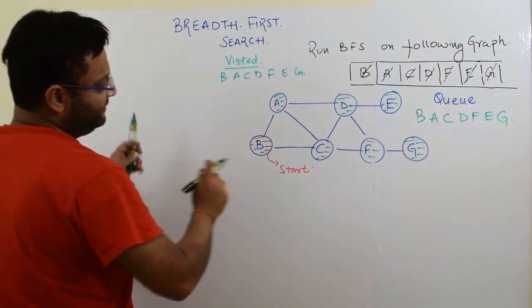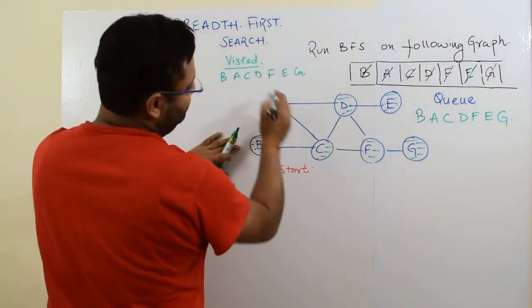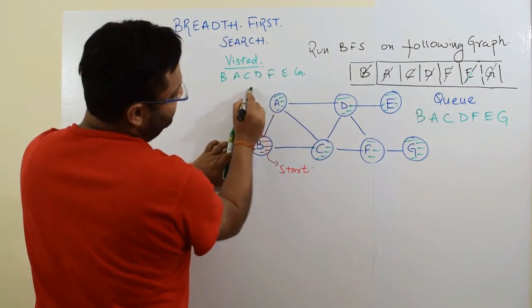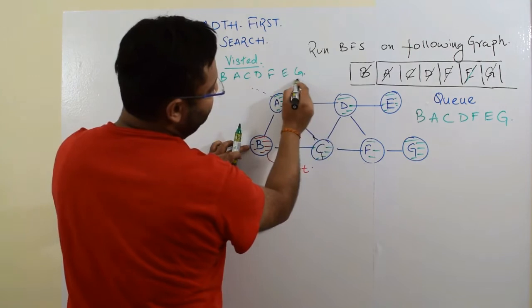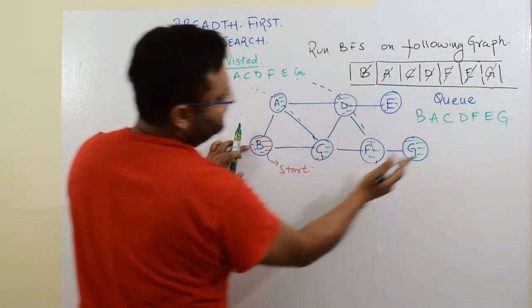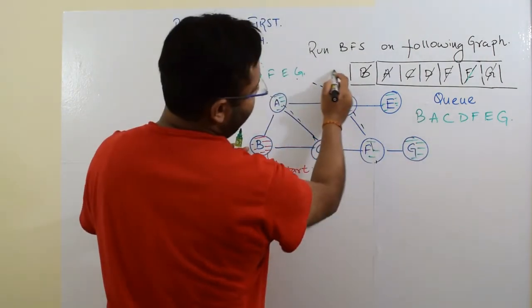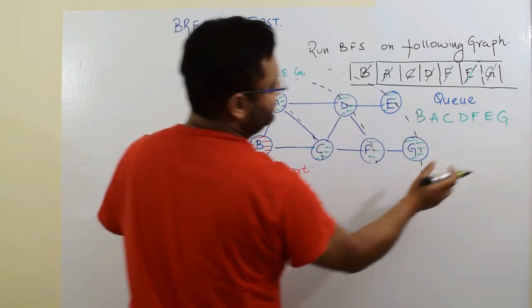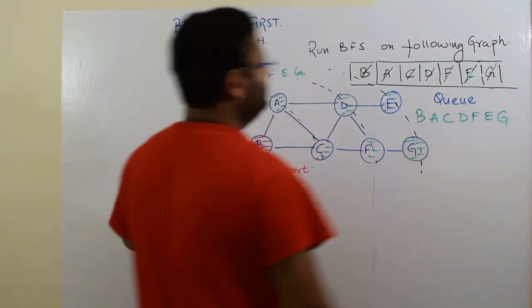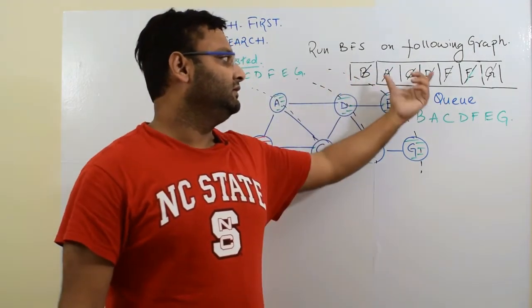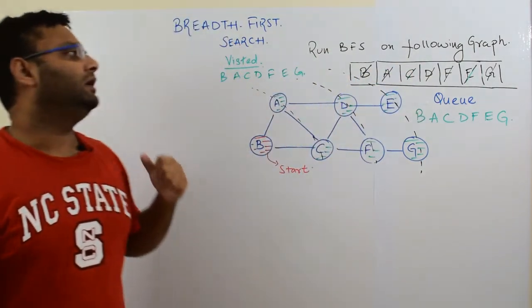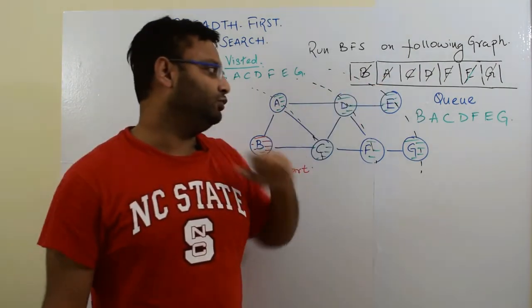From B, which are the two nodes which got visited? B is your center, A and C. Then the next level is D and F, and finally you can see E and G, right? This is the algorithm you run using Q, right?